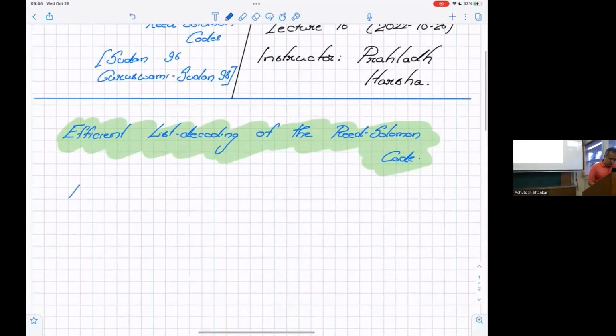So what's the problem? You're given an input. Let's describe what the input is and what's desired. The input is, of course, a finite field F. You are given n, which is the number of evaluations.